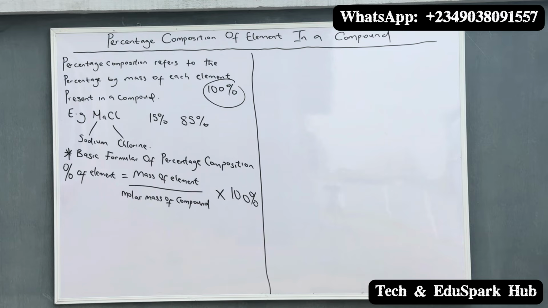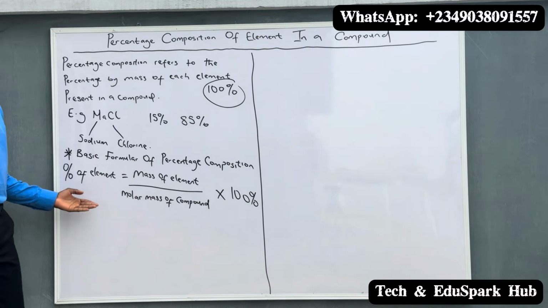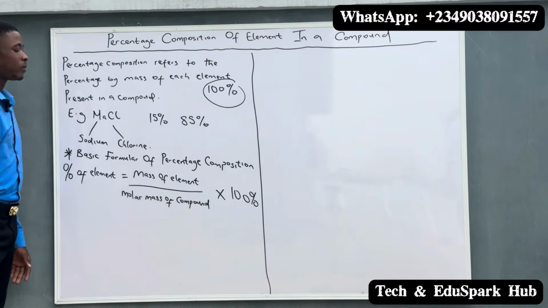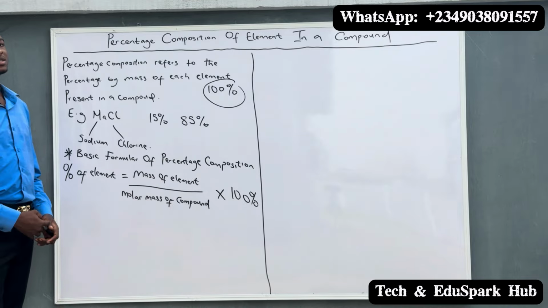So this is the basic formula of the percentage composition. It is given as percentage of element is equal to the mass of the element divided by the molar mass of the compound multiplied by 100%.